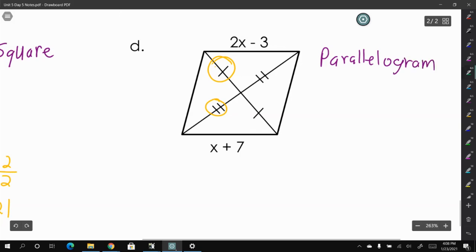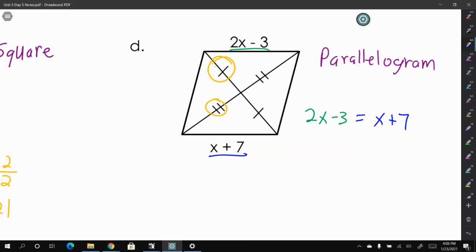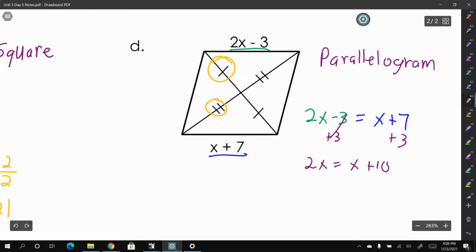Nothing special about it. So we use just our normal properties of parallelograms. 2x minus 3 is equal to x plus 7 because in a parallelogram, the opposite sides are congruent. So we'll add 3. 2x equals x plus 10. We'll subtract x from both sides, and we get x equals 10.